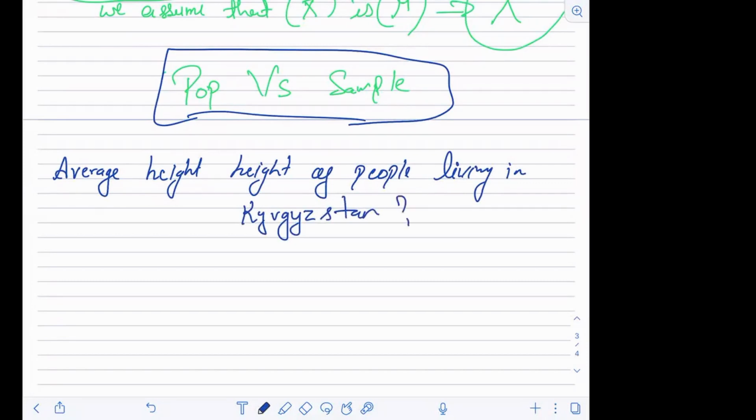Now, can you tell me, is it a population or sample? Population. No, it's sample. It's sample, because we cannot pick every individual person and measure their height. It's not possible. So it should be sample. Population, since it's big.